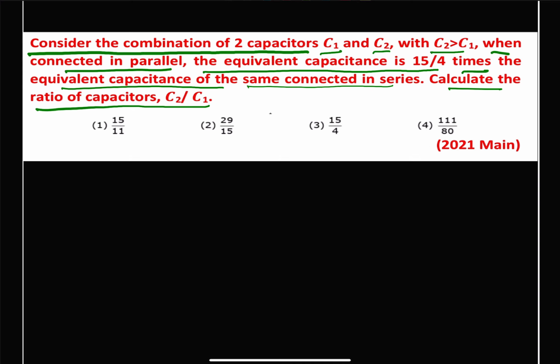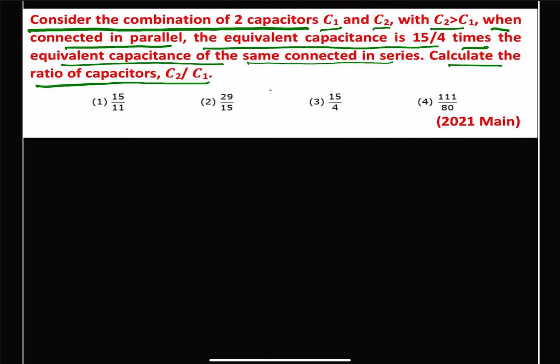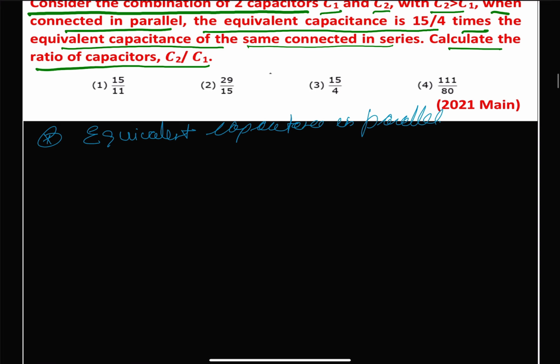First they are connected in parallel, so the equivalent capacitance in parallel, let us call it Cp, will be equal to C1 plus C2.